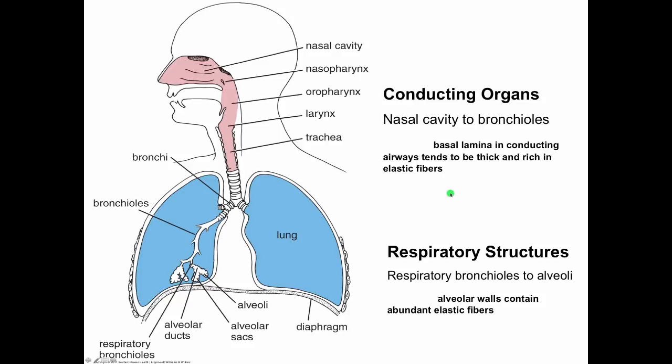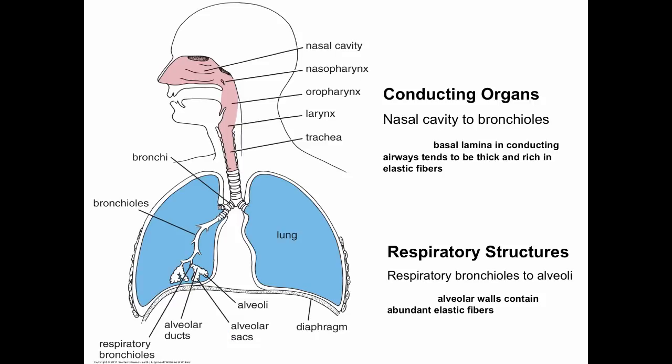Point I'd like to make, the basal lamina in the conducting airways tends to be relatively thick, and it's rich in elastic fibers. The respiratory structures, which we'll talk about later, would be those structures that begin at the respiratory bronchioles and end in the alveoli, and the walls in the alveoli contain abundant elastic fibers.